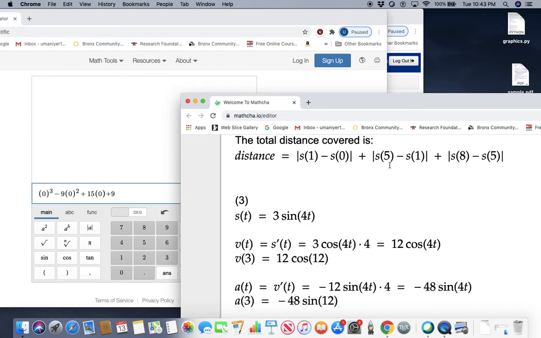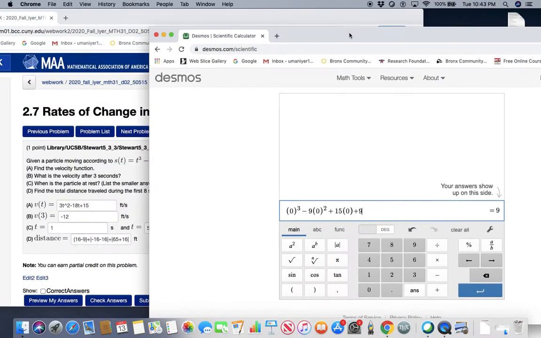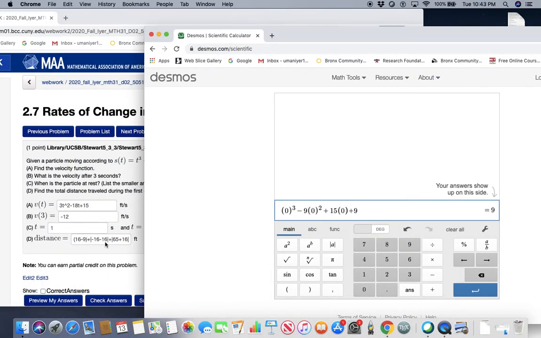Now I want s of 5 minus s of 1. Remember, s of 1 was already 16. So now we need s of 5. That's negative 16, so the absolute value of negative 16 minus 16.